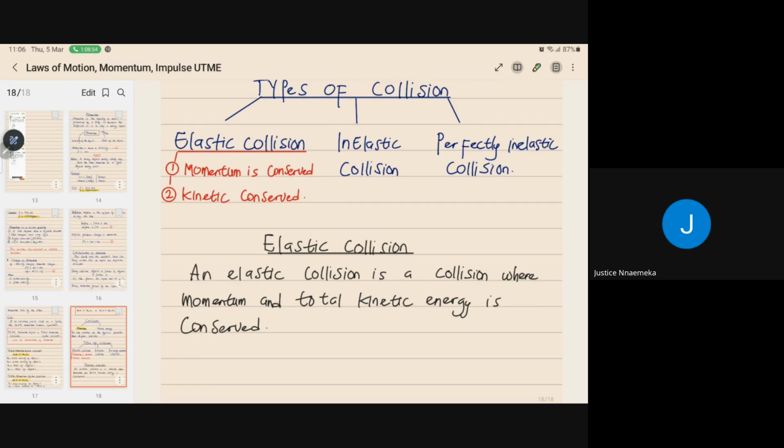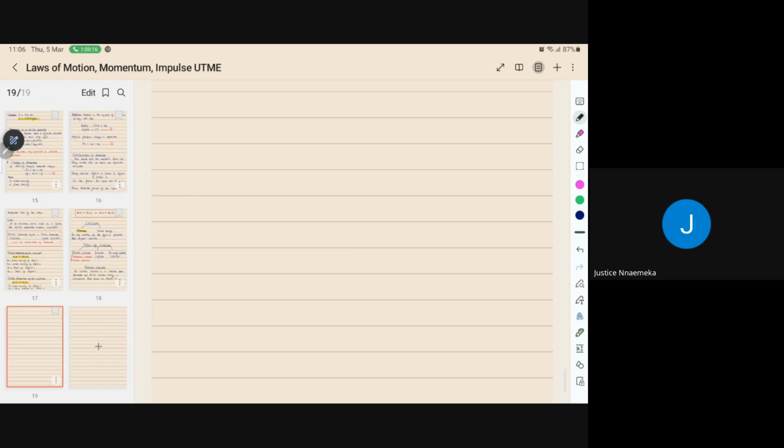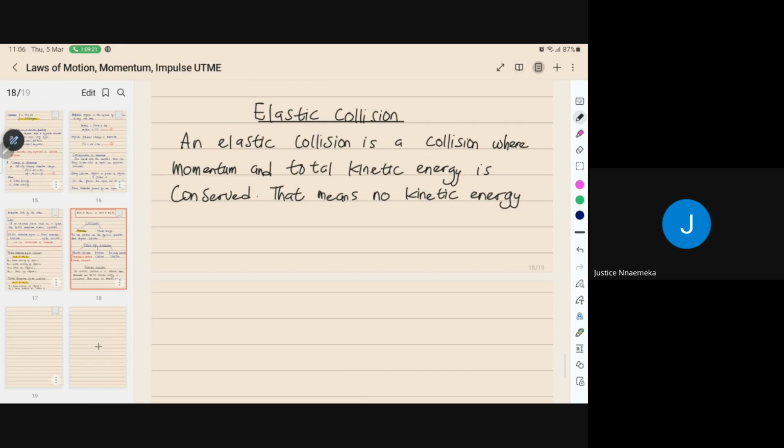That means no kinetic energy is lost, right? No kinetic energy is lost during the collision.